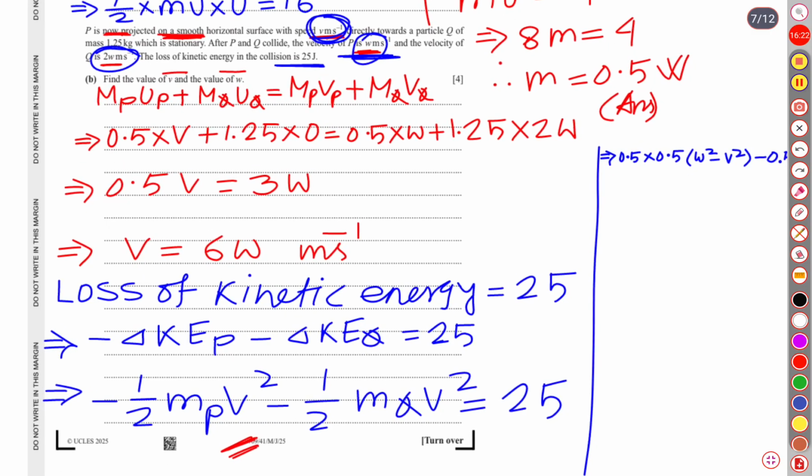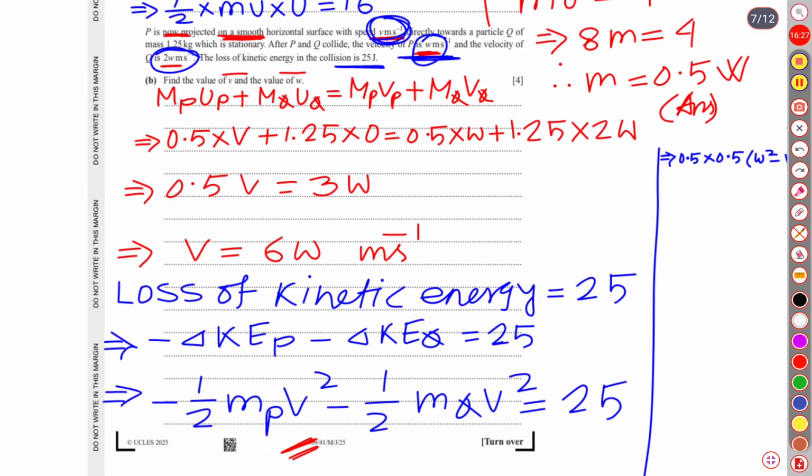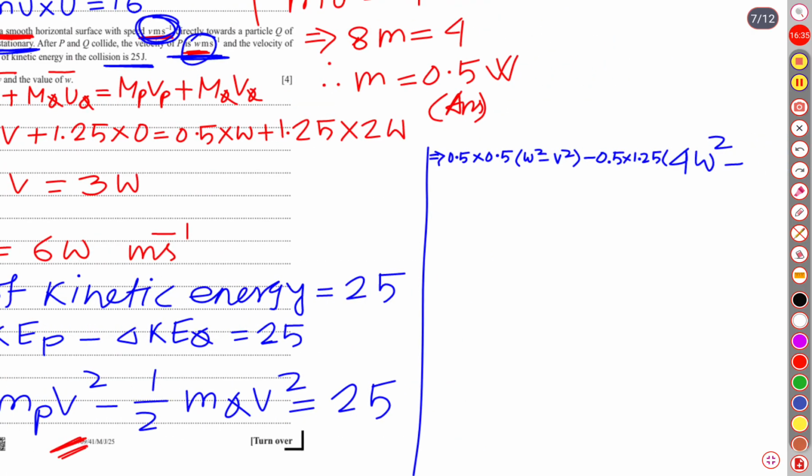Look at this. Initially q was at stationary level. It is written over here, q was stationary. So there was no motion, hence we can write here 0. This is 0 for q.